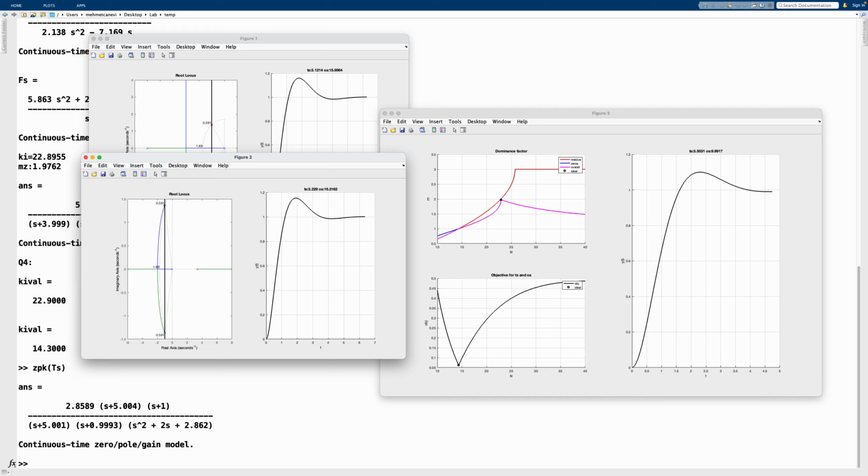So this is of course system specific. This doesn't happen always. You have to always check if there's, for example, an intersection of dominance factors of poles and zeros, because that would indicate that there could be a pole zero cancellation there. And if that's improving the solution, then we are okay with that.